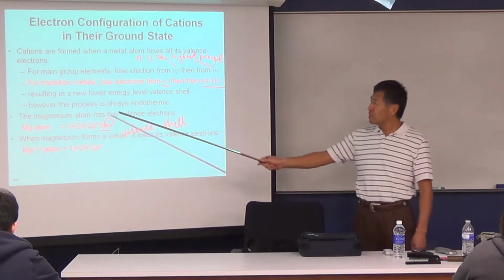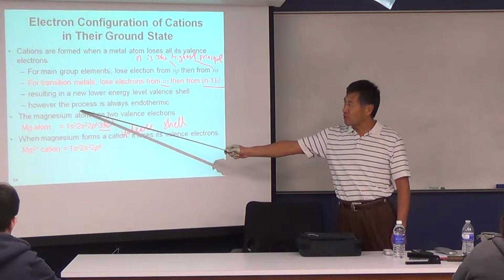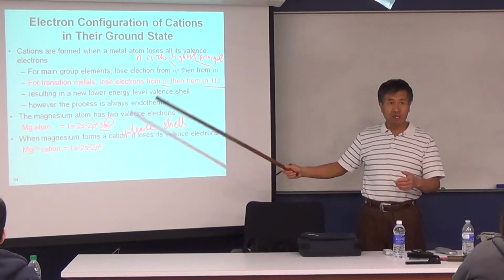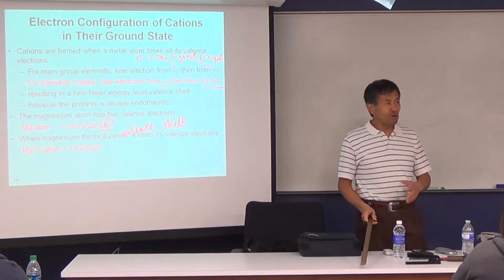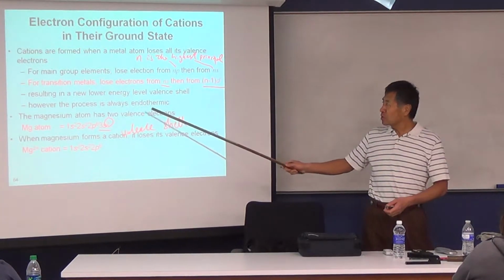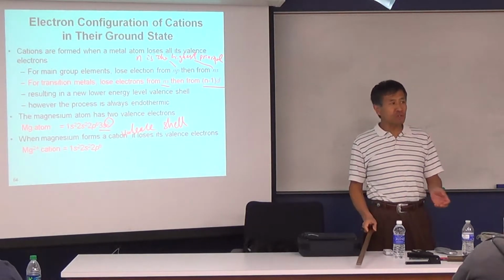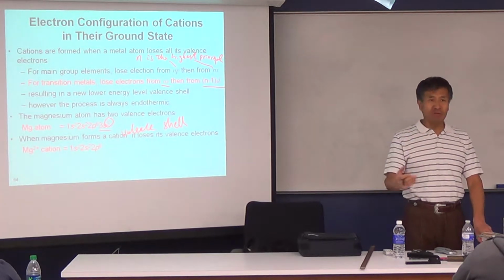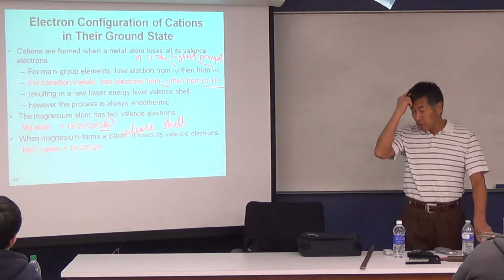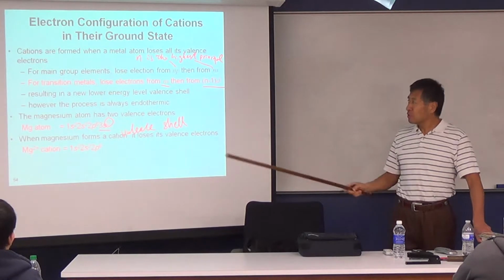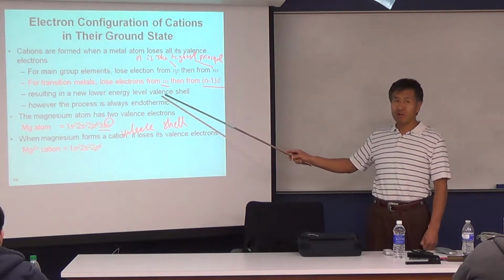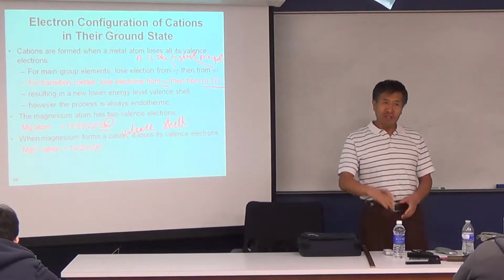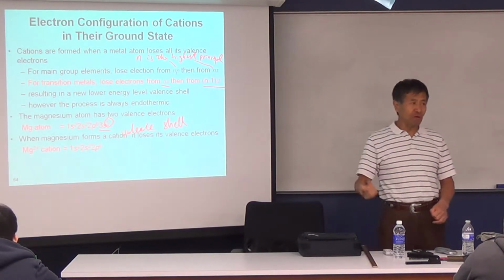Okay, so this statement tells you that even though you take the electron away and your valence shell becomes lower in energy, it's an endothermic process. That means the whole process takes you from a lower energy place to a higher energy place. You understand, that is because even though the valence shell, which is empty now, has lower energy, you take the electron out of that shell, so the electron becomes free.